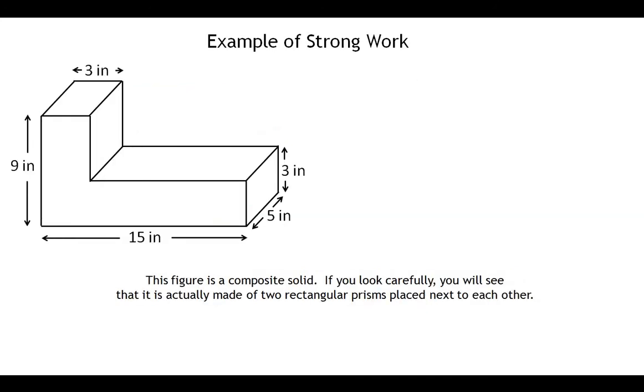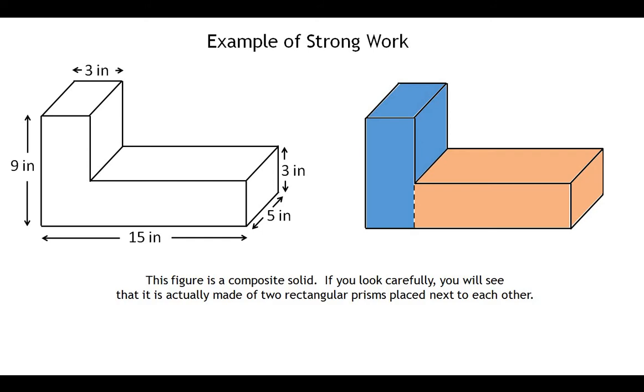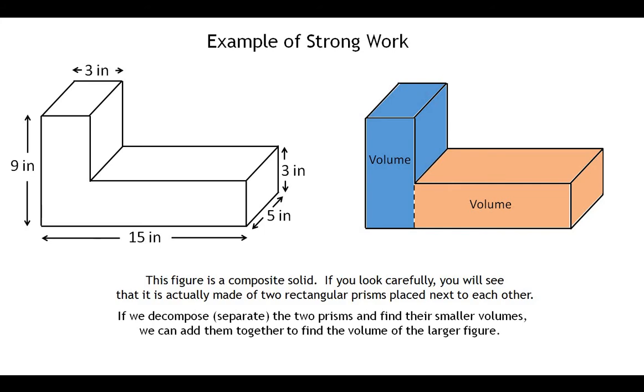This figure is a composite solid. If you look carefully, you will see that it is actually made of 2 rectangular prisms placed next to each other. If we decompose or separate the 2 prisms and find their smaller volumes, we can add them together to find the volume of the larger figure.